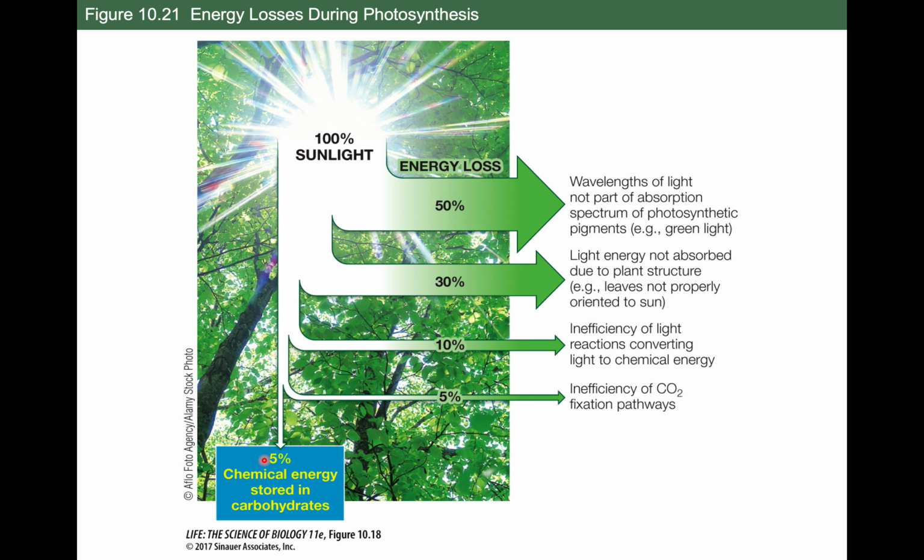So a lot of it's being lost just due to various inefficiencies, but like I said, it's enough to power all of life on Earth. So we're not too worried about those inefficiencies. All right, that is the end of Chapter 10 in our overview of photosynthesis.